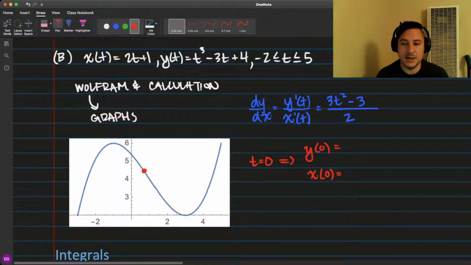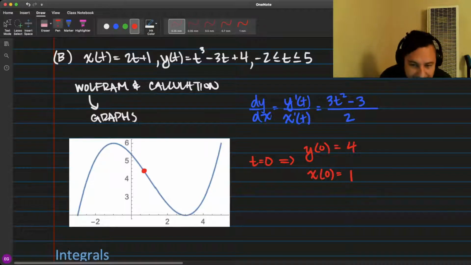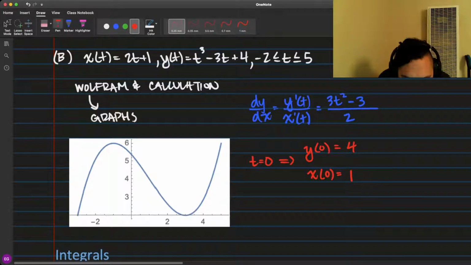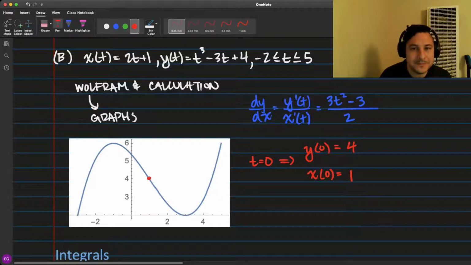If you plug 0 into x, you get 1. If you plug 0 into the y function, you get 4. Oh man, so I made a pretty good guess there. Oh, sweet. So t equals 0 is at (1, 4), which is right there.